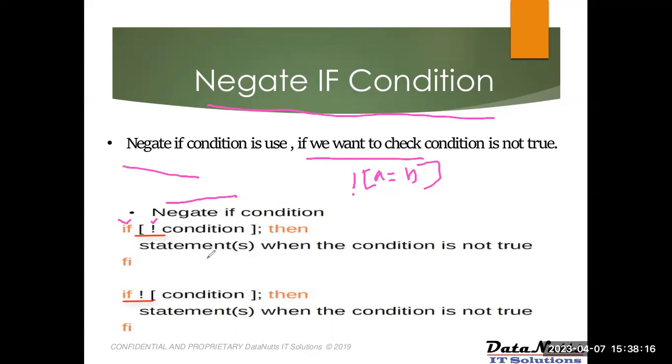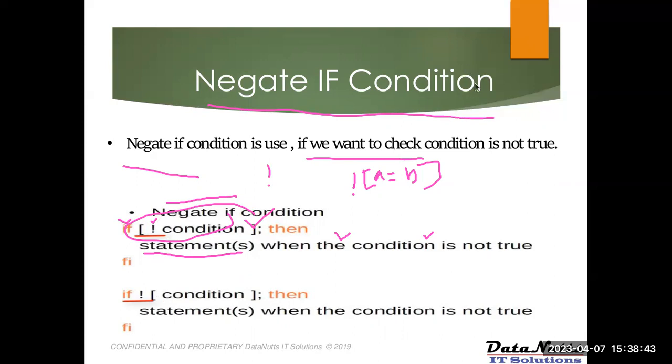So this statement will get executed when the condition is not true. Because of the negate symbol, the statement will execute only when the condition is not true. So in order to check whether a condition is not true, we make use of this negate symbol.